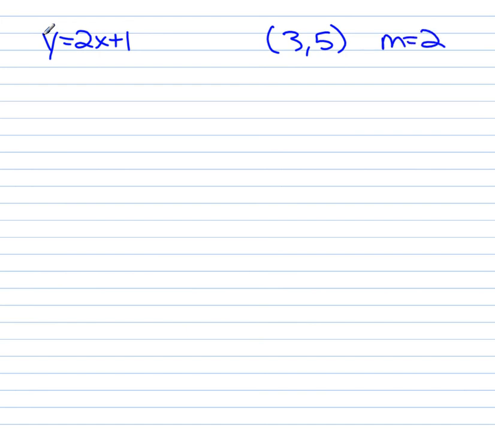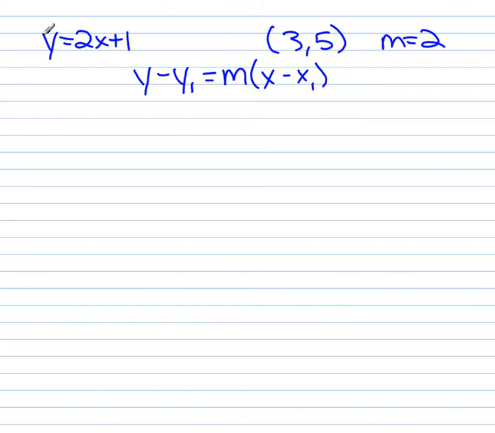So since we have a point and a slope, that means we can use point slope form. Of course. And we remember, obviously, because we studied all week, that the point slope formula looks like this. If not, I would write that down again and again.